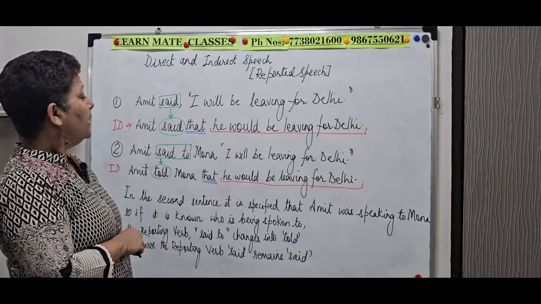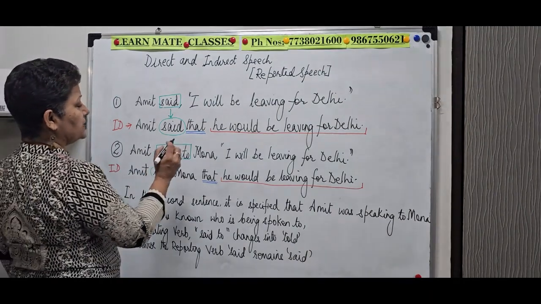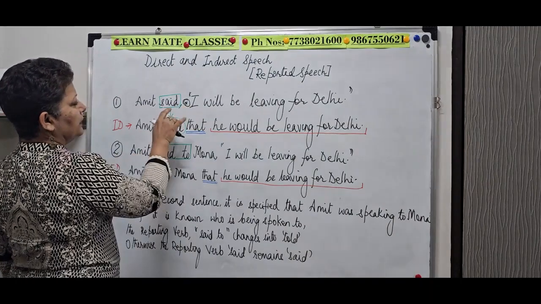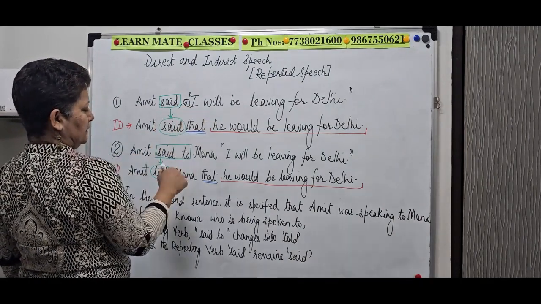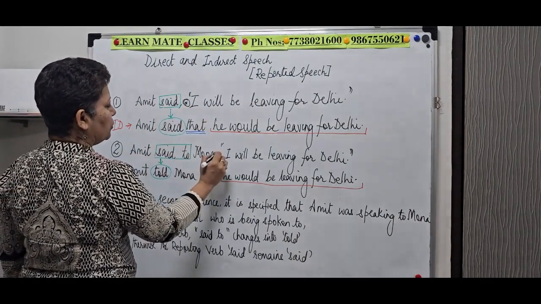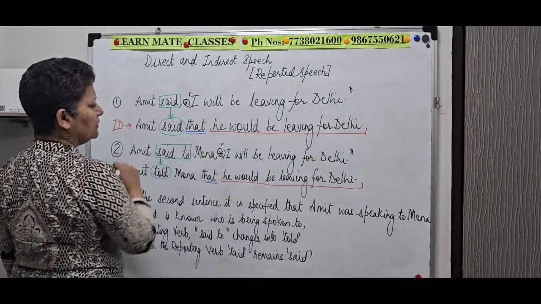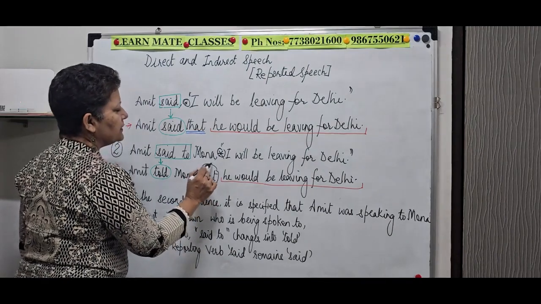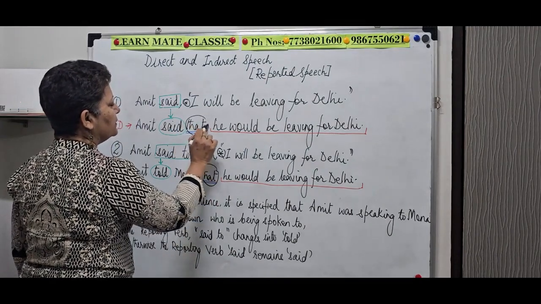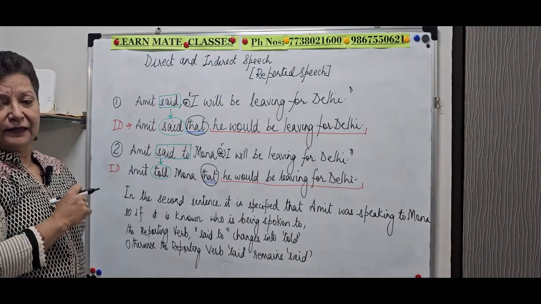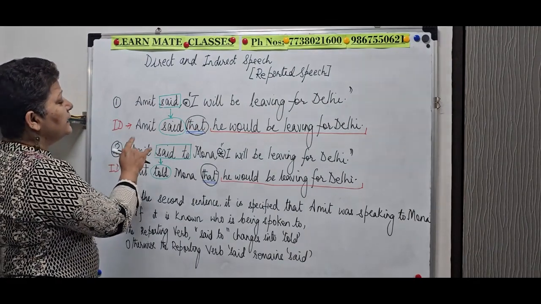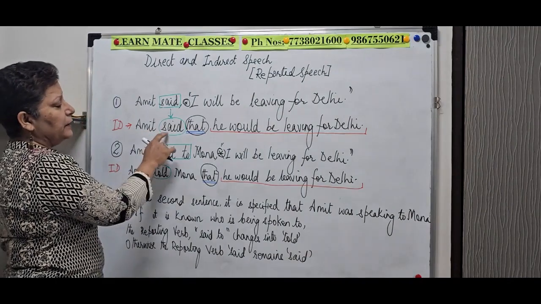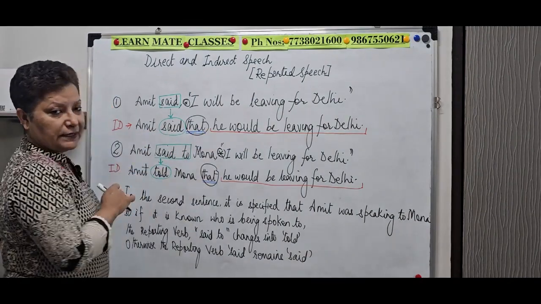Is that okay? Another thing that you would have noticed is that in the direct sentence, I have said, and here again said to Mona. Is there anything here? No. But in each of my indirect sentences, I have a that. So there is another rule which comes in, that in indirect speech, after my reporting verb, I will always have that.